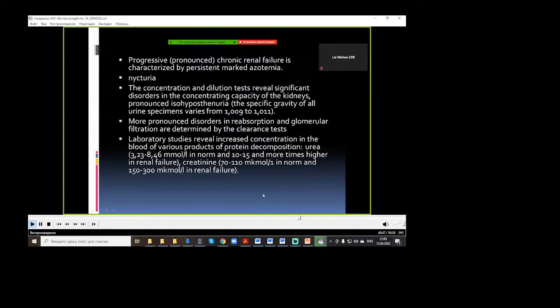Progressive or pronounced chronic renal failure is characterized by persistent marked azotemia. So the first symptoms will be nocturia and hypostenuria. Laboratory studies reveal increased concentration in the blood of various products of protein decomposition. Urea will be increased, creatinine also will be increased, markedly increased.